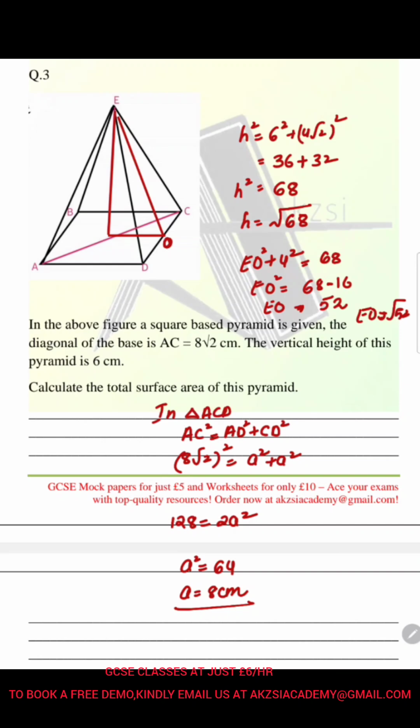D is already there, so let me name it F, sorry. So EFO, this is a single triangle. This is 90 degrees. So applying Pythagoras theorem, here it would be EO squared is equal to FO squared plus EF squared.